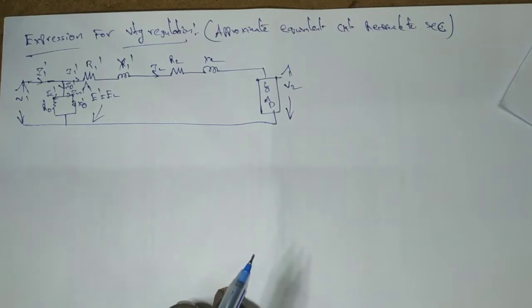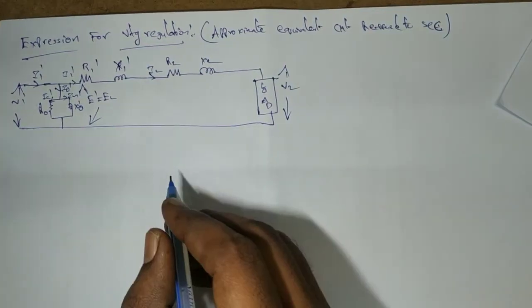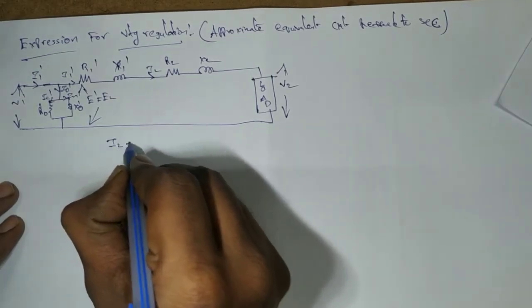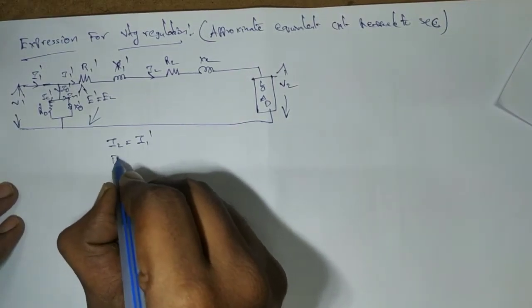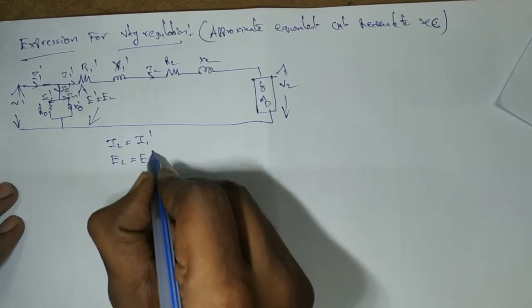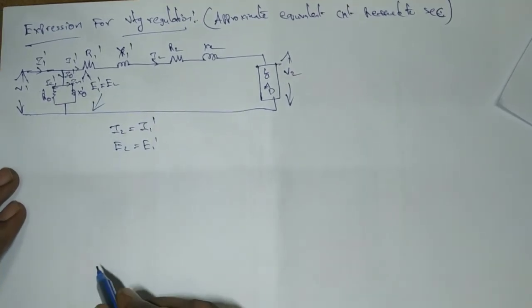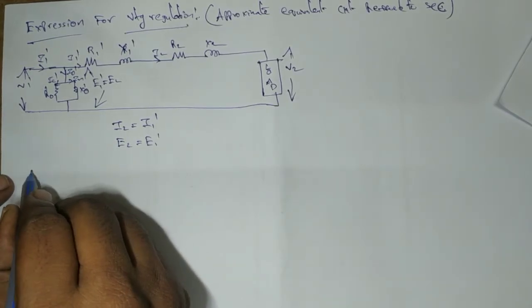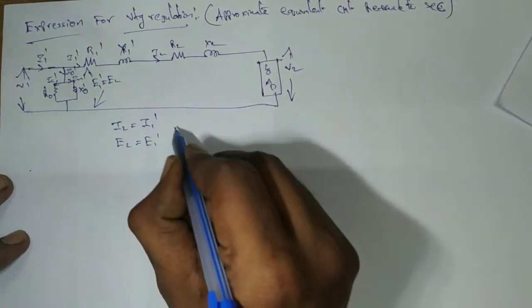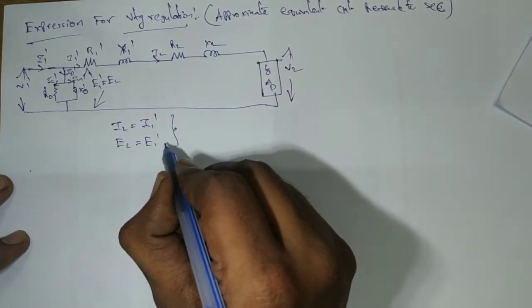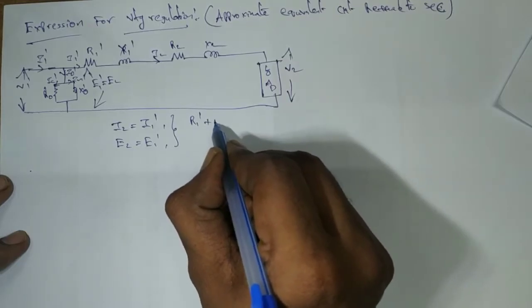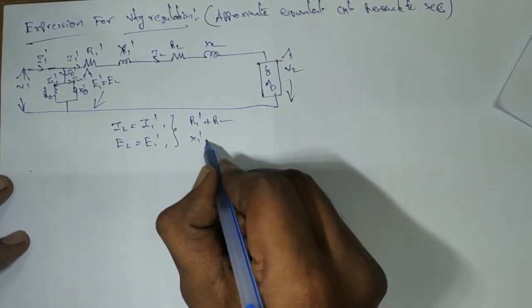And if we observe this approximate equivalent circuit, we will notice that the current I2 will be equal to I1 dash, and the induced EMF E2 will be equal to E1 dash. And from this diagram we can also represent the combination of R1 dash and R2, that is R1 dash plus R2, as R2E, and the combination of X1 dash and X2 as X2E.